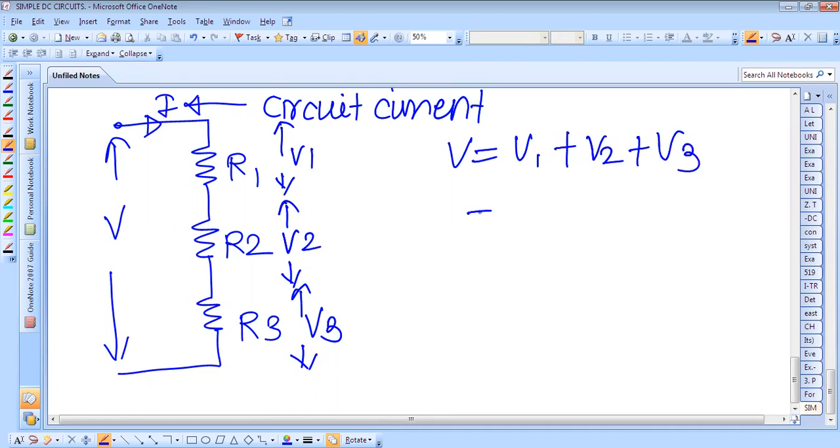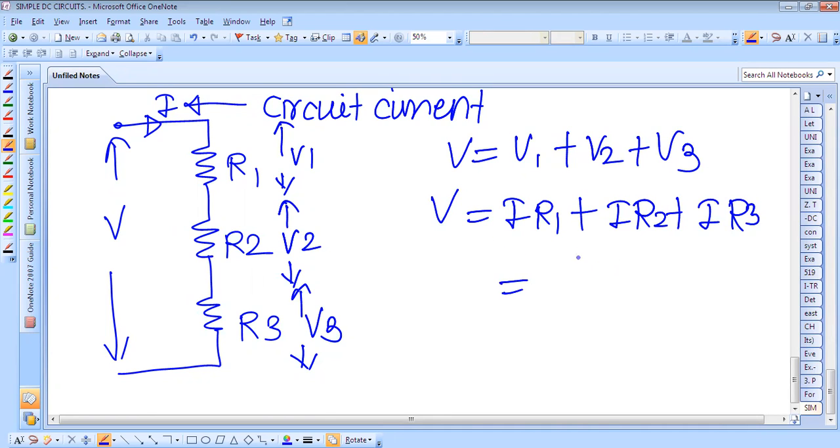So what is V1 here? V1 is nothing but the current flowing through this into R1. Again V2 is the current flowing through R2, I into R2. Similarly for the third, and this is equal to V. By using Ohm's law, instead of V we can write IR.